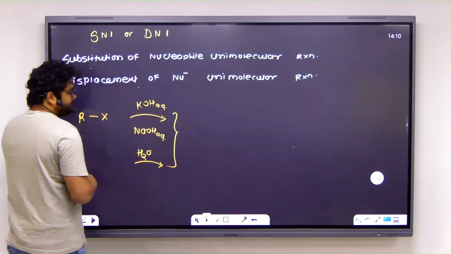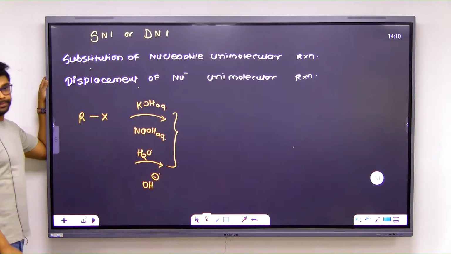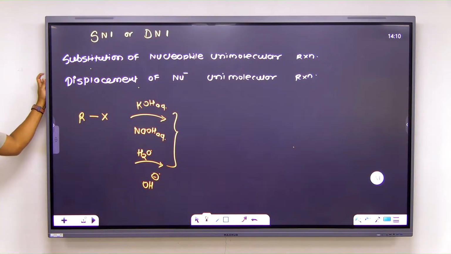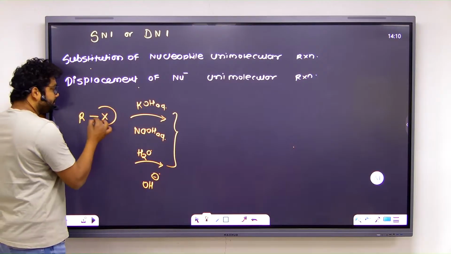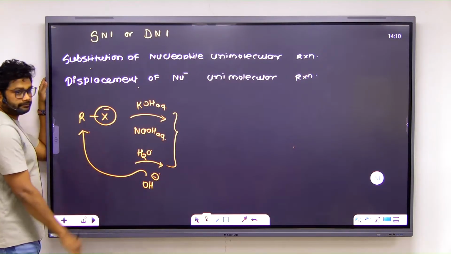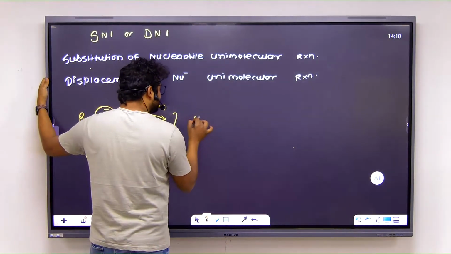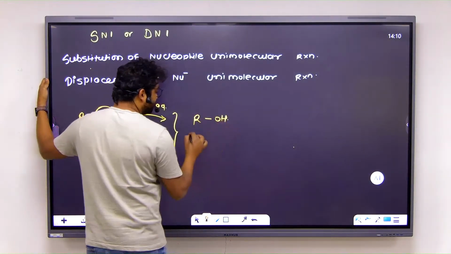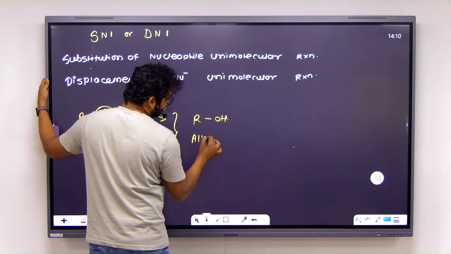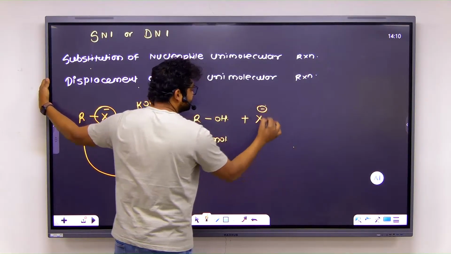From all of them, we are getting the single nucleophile called OH minus. So what you do every time is replace the halogen by water, OH. So there is a formation of ROH, called an alcohol, and an elimination of this group, that is halide.